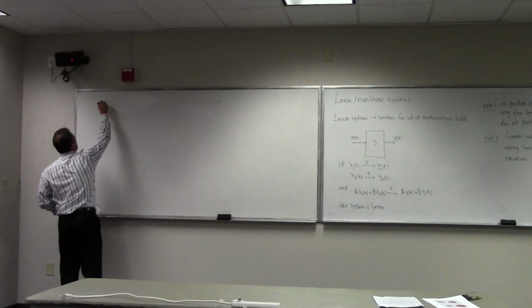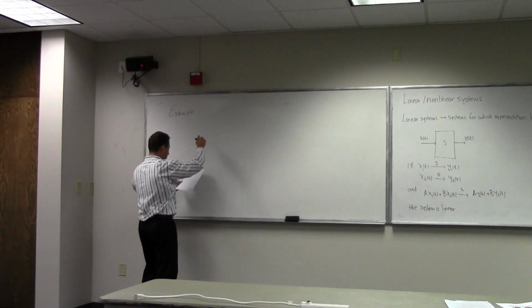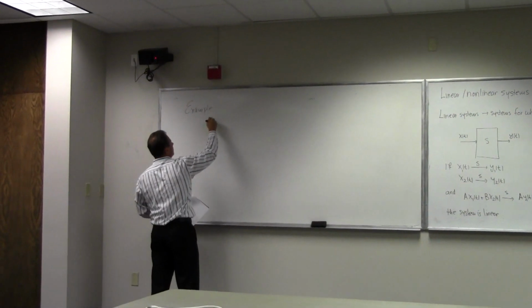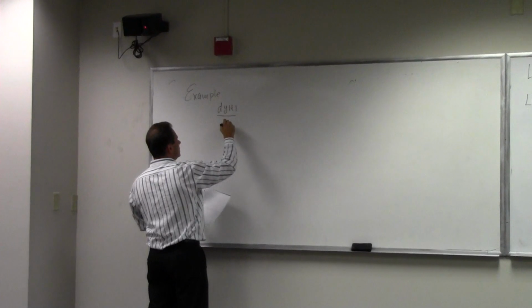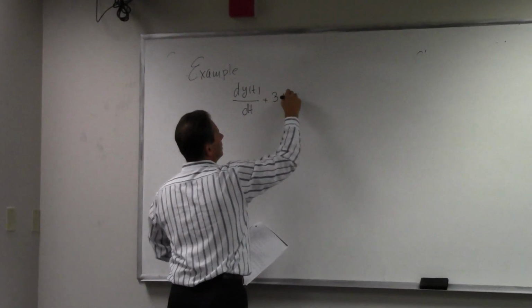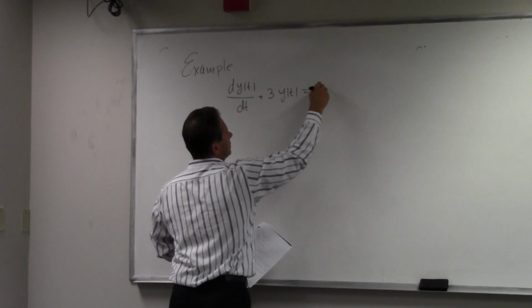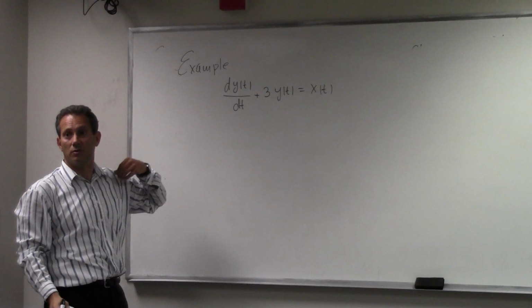So let's take a look at an example. Consider a system that's described with the following differential equation: dy(t)/dt plus 3 y(t) is equal to x(t). This is a linear differential equation of the first order with constant coefficients. Right?